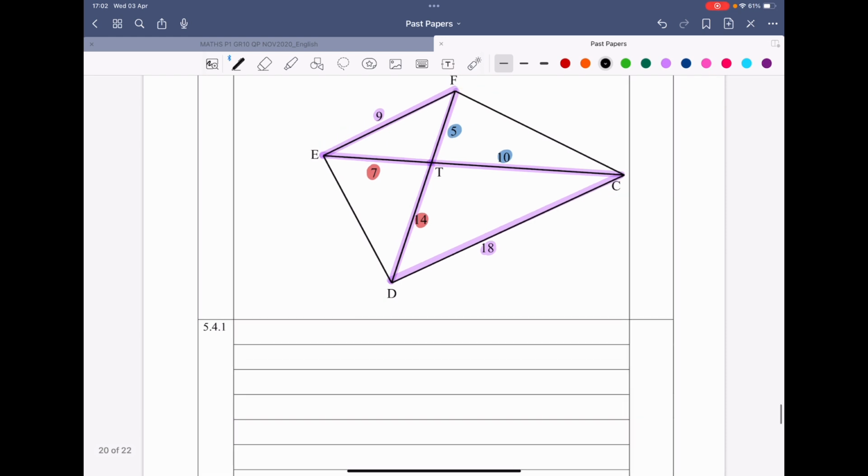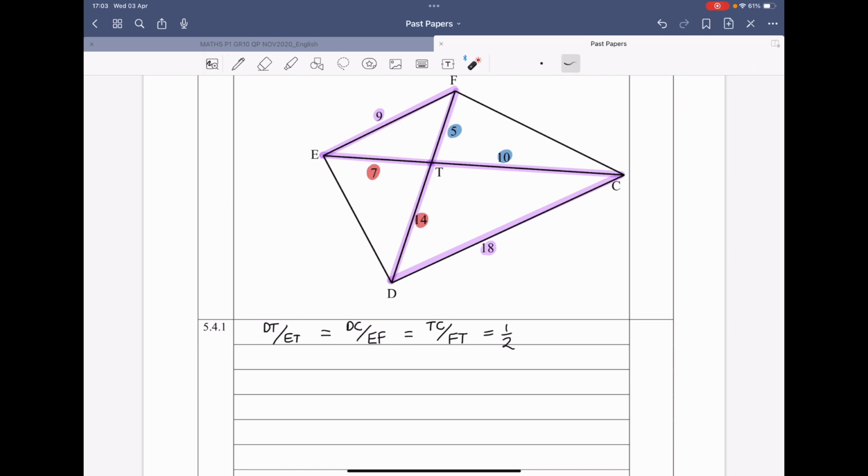So I'm going to write that DT over ET is equal to DC over EF, which is also equal to TC over FT, which is equal to a half.